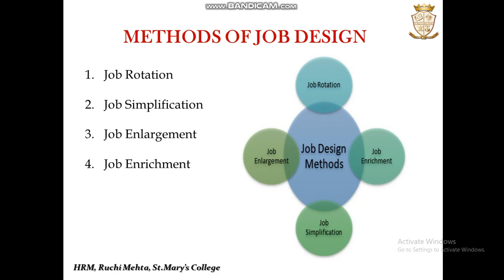For example, a college lecturer who was teaching 16 hours a week is now asked to teach two more hours. There is no change in the nature of the job. It is teaching only, but the job is being enlarged. More work is added to the existing job. That is job enlargement.